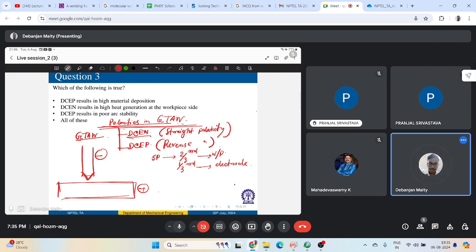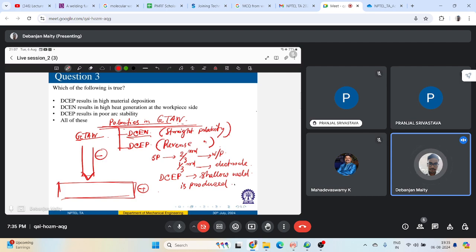If you are reversing your polarity, what we call DC electrode positive, a shallow weld will be produced.